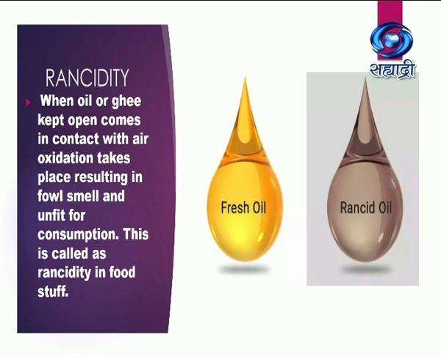This is called rancidity in foodstuff. When we use old leftover cooking oil for making foodstuff, it is found to have a foul odor, which is called rancidity. If food is cooked in such oil, its taste also changes.